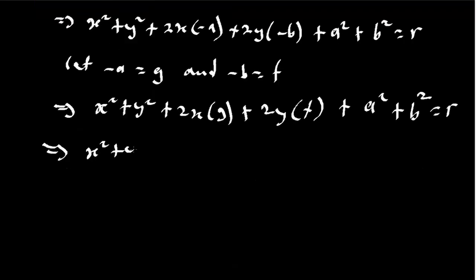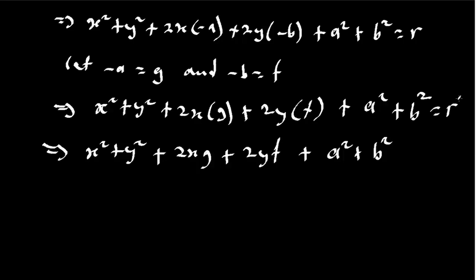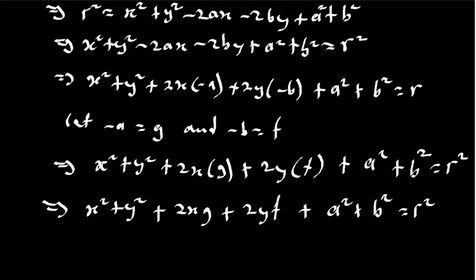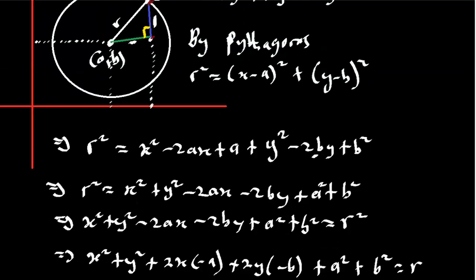X square plus y square plus 2x times g will be 2xg, and then plus 2yf, then plus a square plus b square equal to r square.